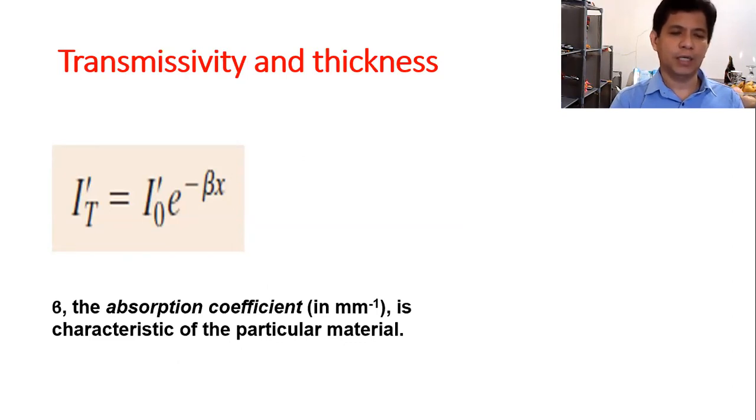Its general unit is millimeter to the minus 1. This is characteristic of the particular material, so it depends on the material; each has a different absorption coefficient. Generally, when the material is thick, less light is transmitted. When the absorption coefficient is higher, it absorbs more, so it also transmits less.